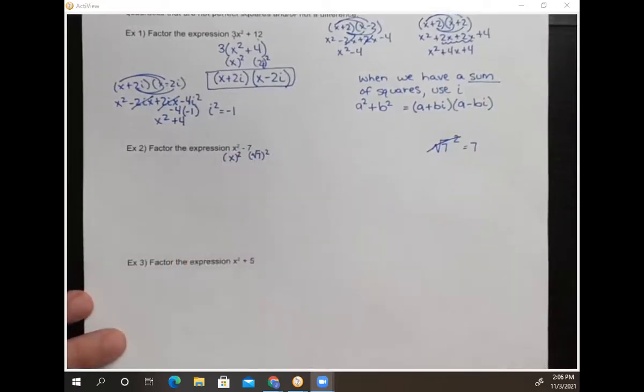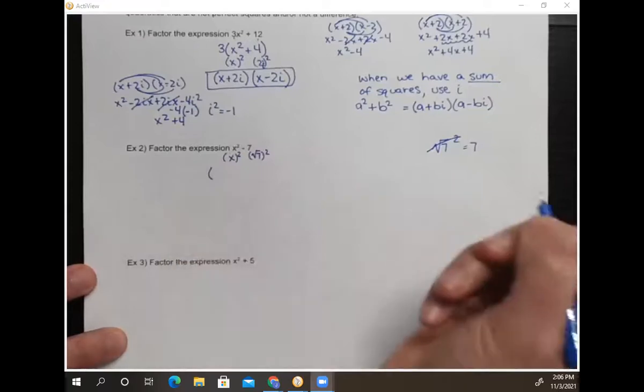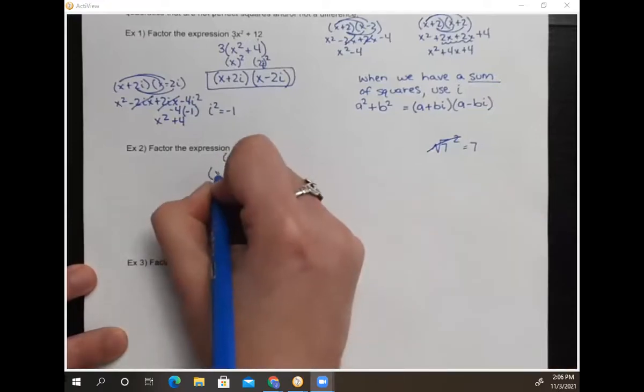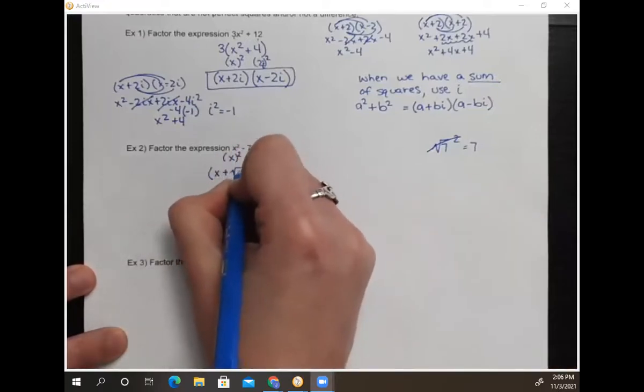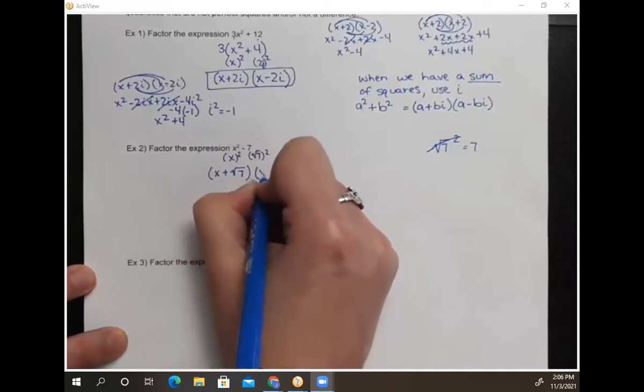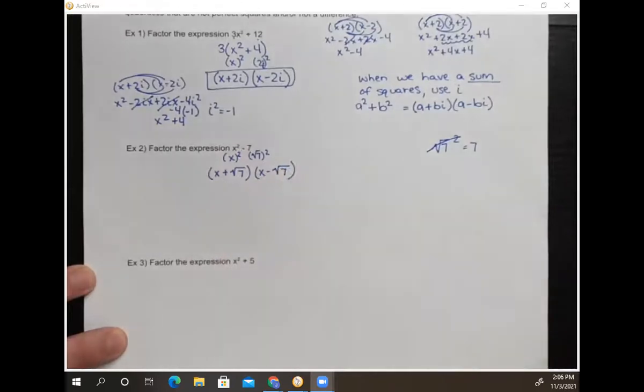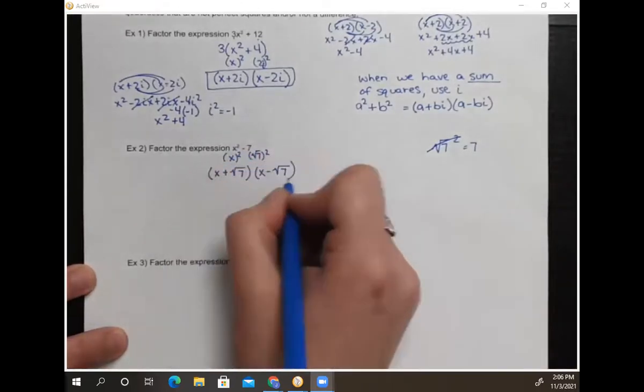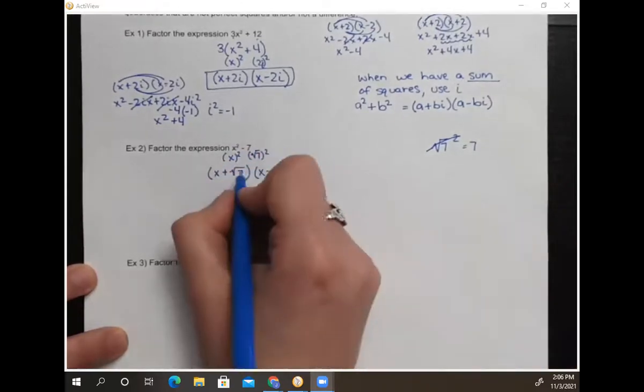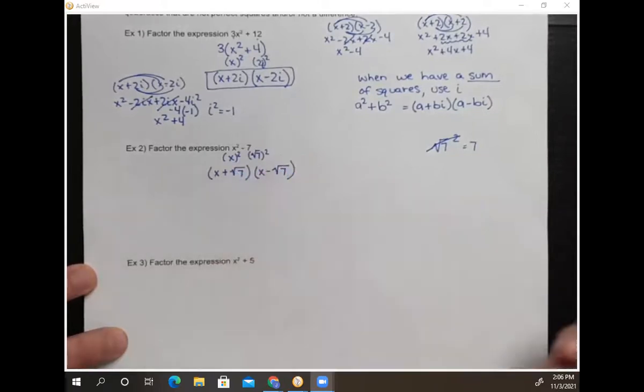That's my trick here. I'm going to use that same difference of squares pattern. So this would be x plus the root of 7 times x minus the root of 7. Since it was a difference, I don't need any imaginaries. The only trick I need here are those roots.